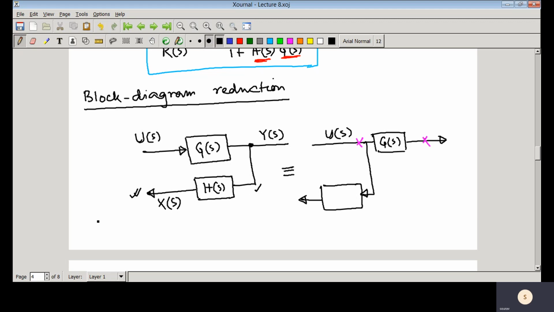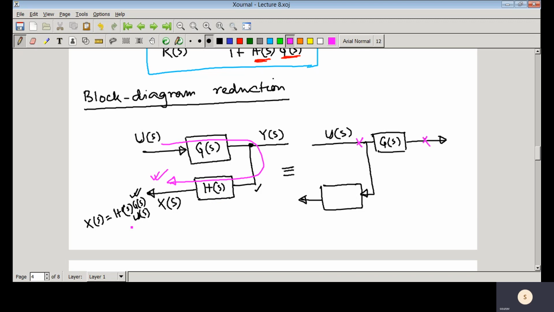The signal coming, say X(s), equals, here you can see that H(s) G(s) into U(s).